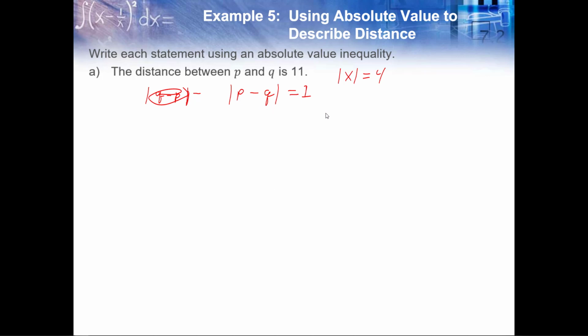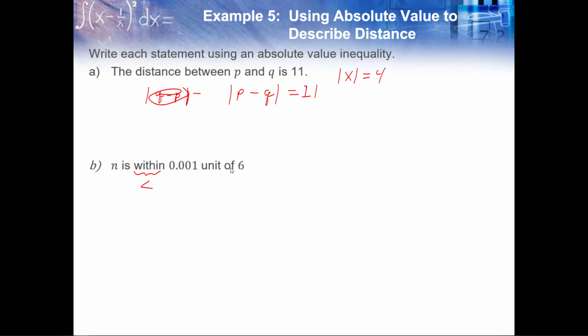The distance between x and the origin is 4. The distance between the difference of these two and the origin, which would basically be P minus Q, is going to be equal to 11, and that's how we would write that. Now for this one, we need to understand that within implies a strict inequality, strictly less than. So here we want to determine that the distance between n and 6 is less than 0.001.